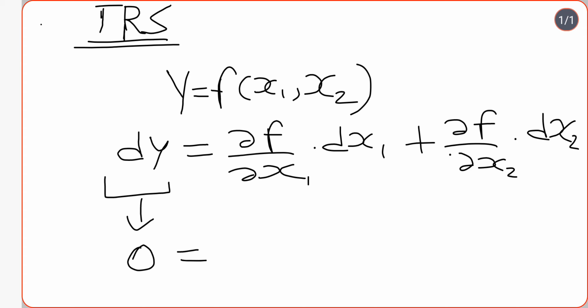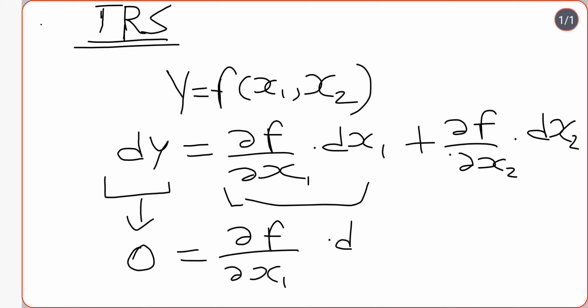Now del f by del x1 into dx1 plus del f by del x2 into dx2. We will try to take this portion to the left hand side. At first let us write all of this as it is. So 0 is equal to del f by del x1 into dx1 plus del f by del x2 into dx2.